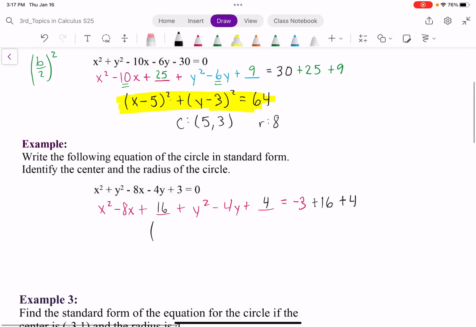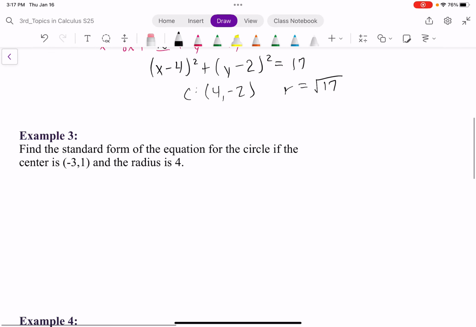And so if I complete the square, I get (x - 4)² + (y - 2)² = 17. And so in this case, the center would be at (4, -2). In this case, my radius is just the square root of 17. And that's it.